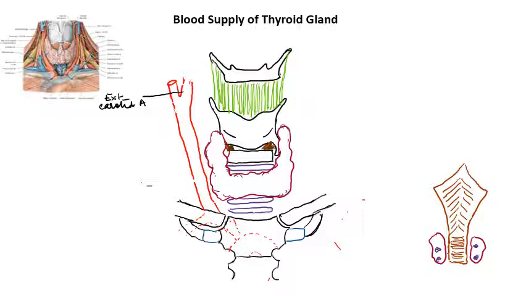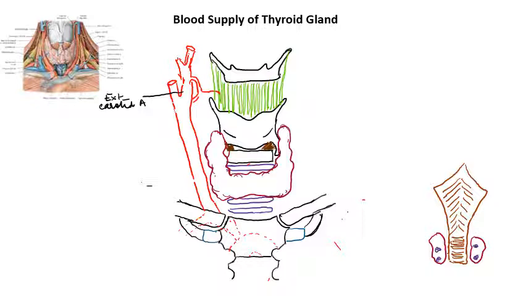It is identified in the neck by the fact that it descends towards the thyroid gland. It is dividing into the rest of its branches. It gives rise to an infrahyoid branch for the sternocleidomastoid.